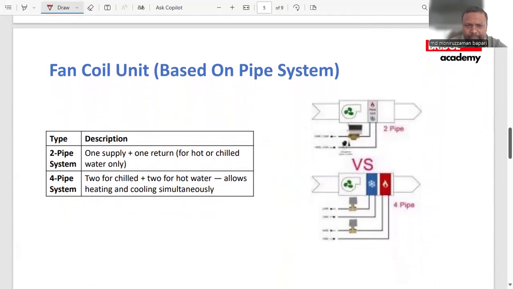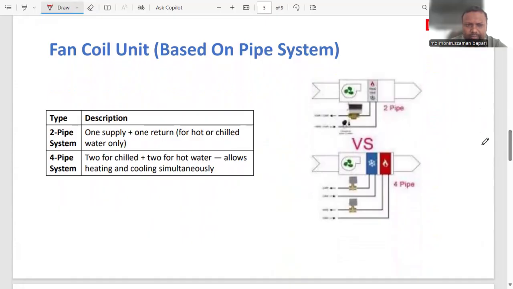Based on pipeline, we may have a two pipe system or we may have a four pipe system. For instance, if we have only one coil arrangement, let's say if we need only a cooling coil, then we have a two pipe system. One pipe is bringing the cold refrigerant and the other pipe is taking it out.